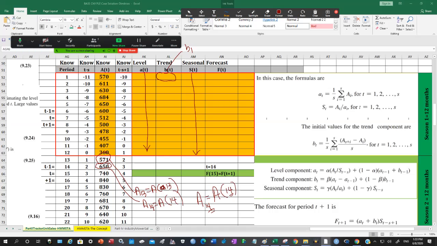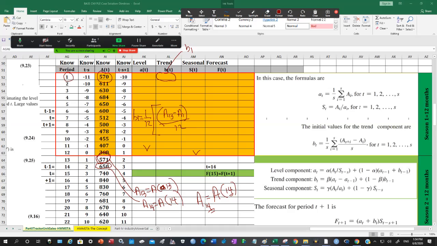Okay, so when I found B1, and I want to go slow here, remember, B1 was 1 over 12. And initially we had actual 13 minus actual 1. Well, here is actual 1, the actual in period 1. And here is actual 13.